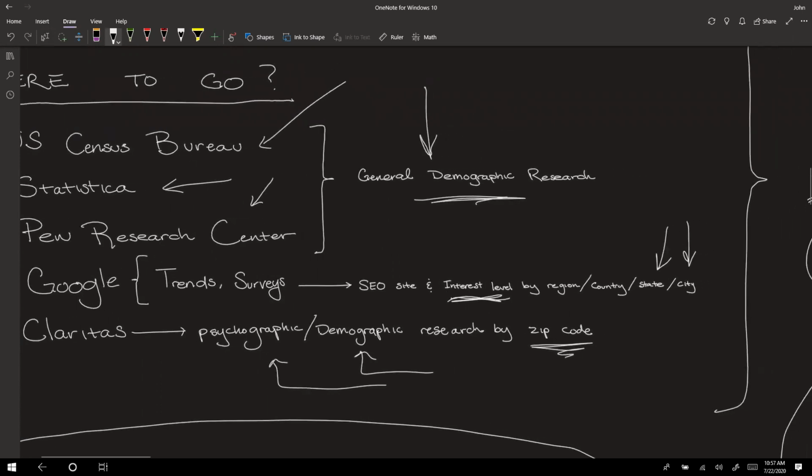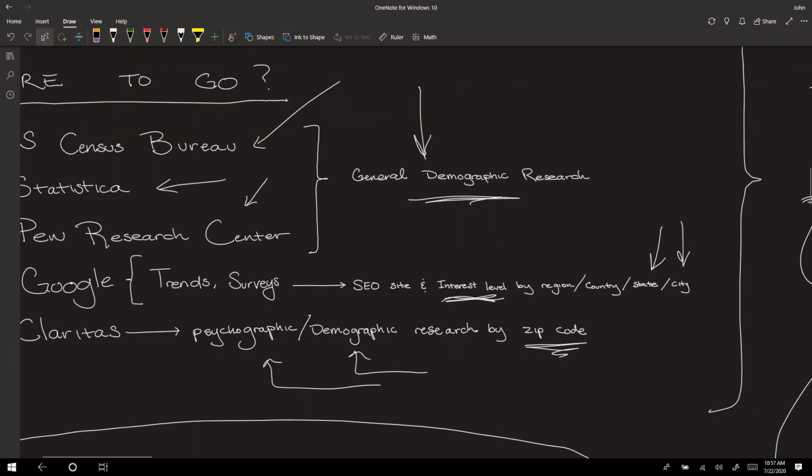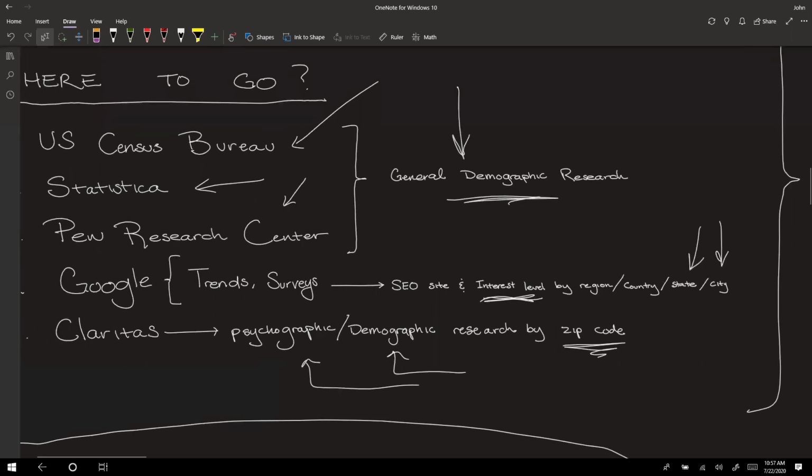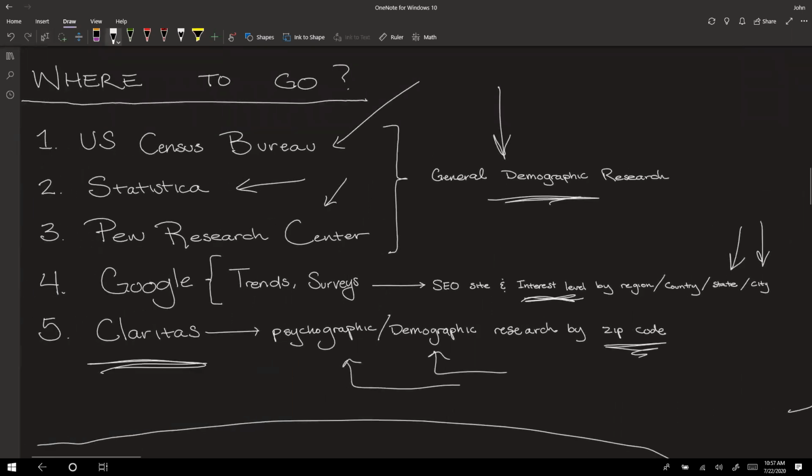It'll tell you what the average car is for the average person in that zip code, what the average family size is, where the family goes on average for lunch. Just very intense facts about the average consumer there. So if you want to work on your consumer profile, Claritas is extremely helpful. It'll tell you their average hobbies, anything you need to know about the psychographics. Claritas is super, super helpful.